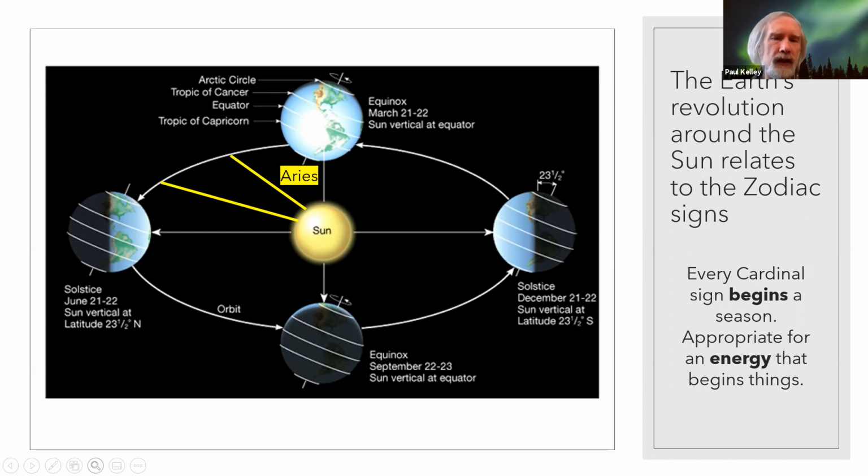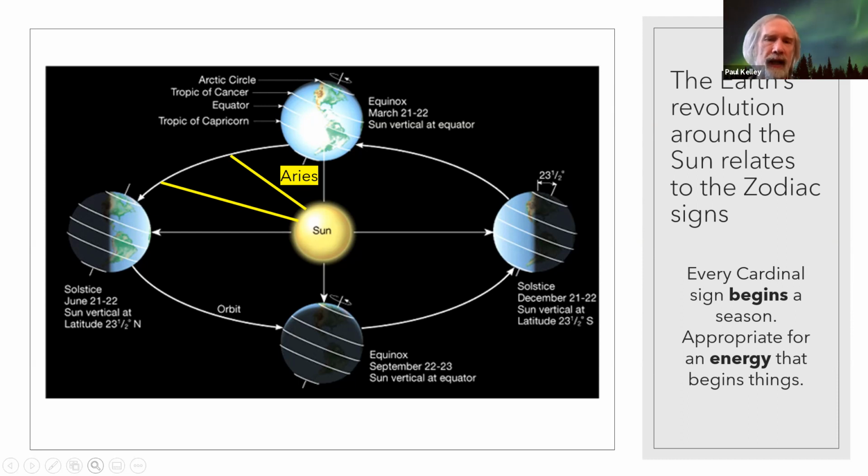Each of those seasons represents a cycle of modes: cardinal, fixed, and mutable. So if we're looking at it from the Earth, as the Earth is moving through that first third of the season of northern hemisphere spring, the sun is in Aries.